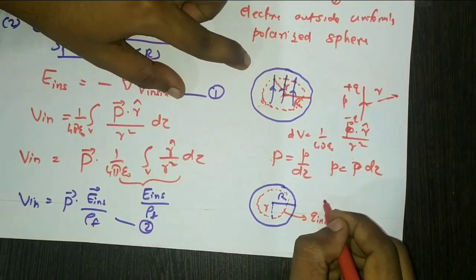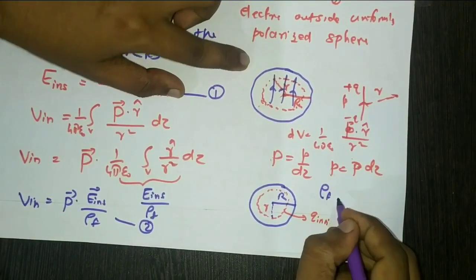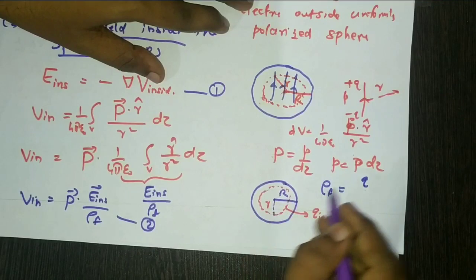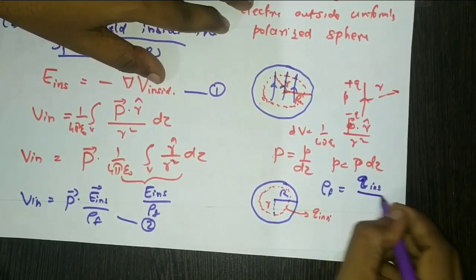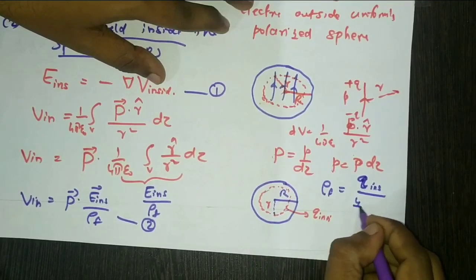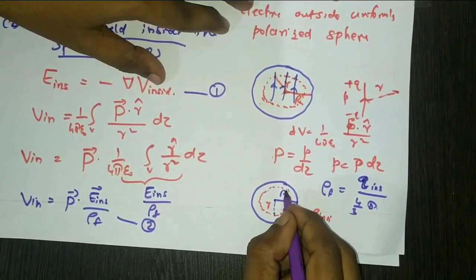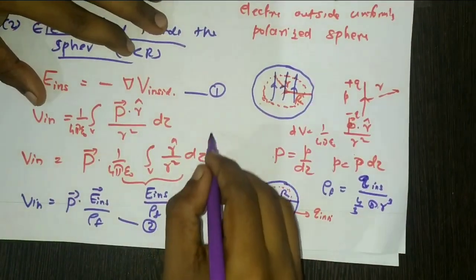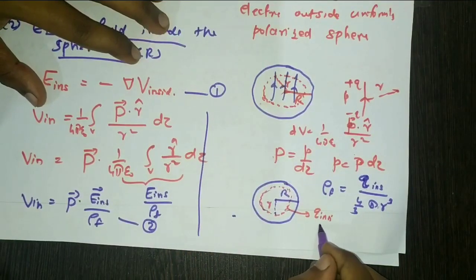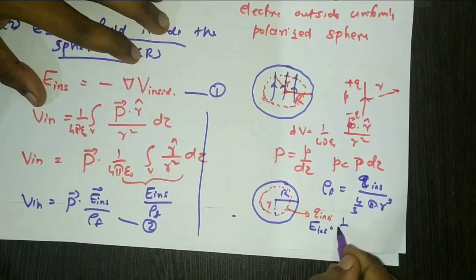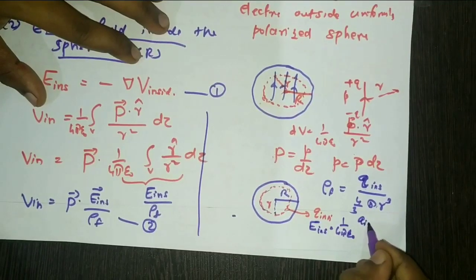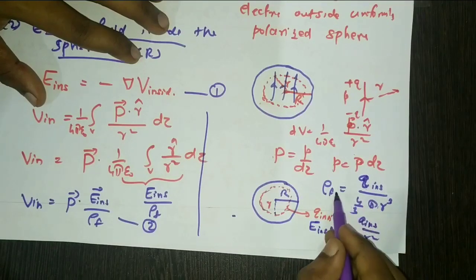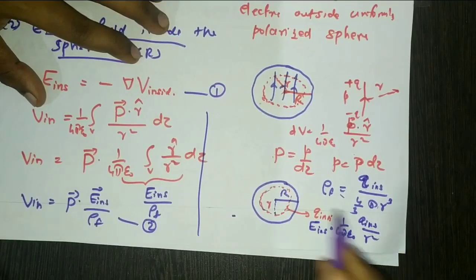Okay, I will rewrite this electric field in terms of the volume charge density. The volume charge density rho f can be written as the total charge enclosed by the small radius r, that is Q inside, divided by its volume, that is 4 by 3 pi r cube. Therefore, the electric field inside can be written as E inside is equal to 1 by 4 pi epsilon 0 Q inside divided by r square. I am going to replace this Q inside with rho f into 4 by 3 pi r cube.